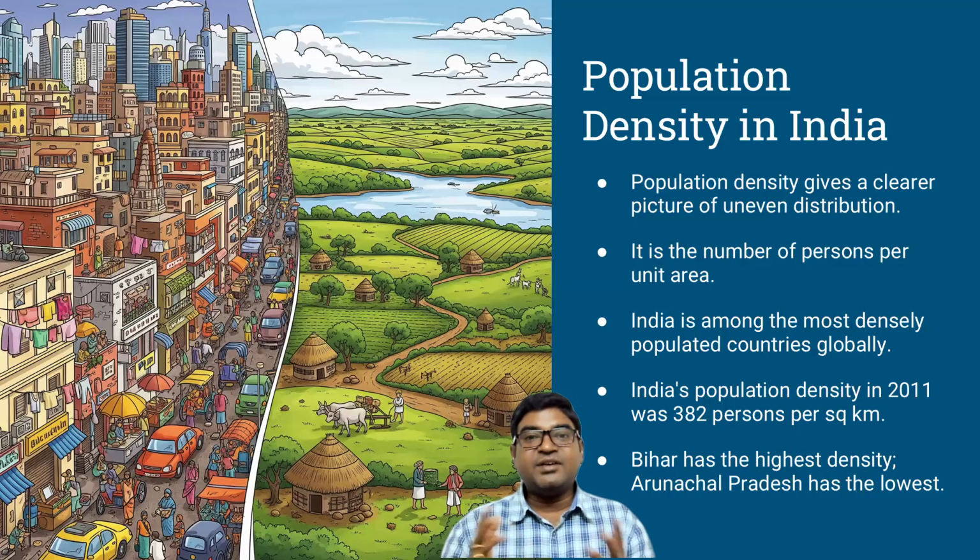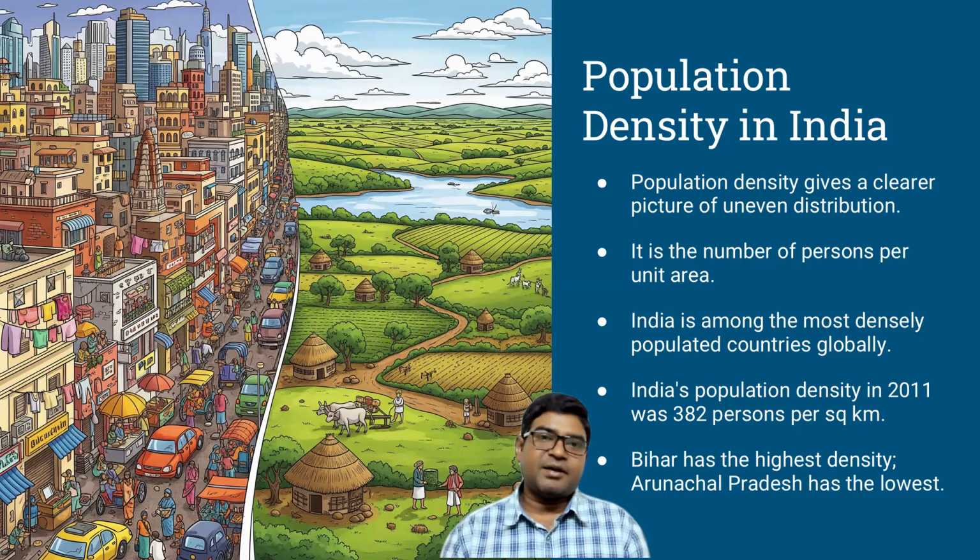If it gives you a picture of uneven distribution, what is it all about? It is the number of persons per unit area. In simple terms, we can say that it is the number of people living in 1 square kilometer area.